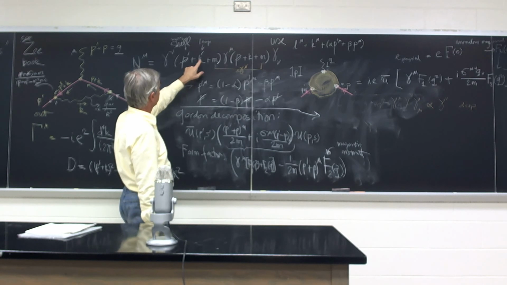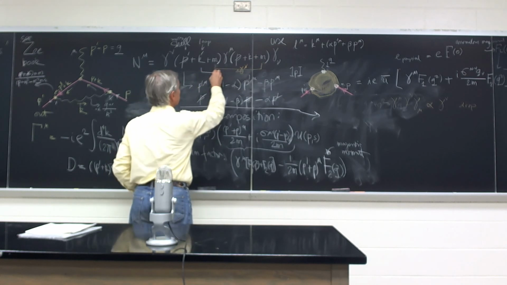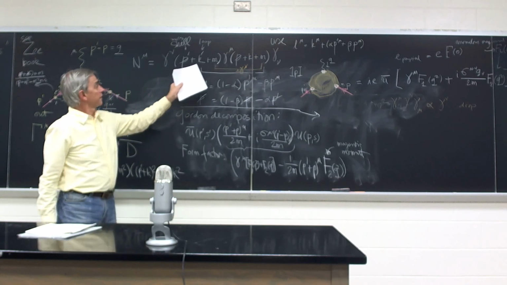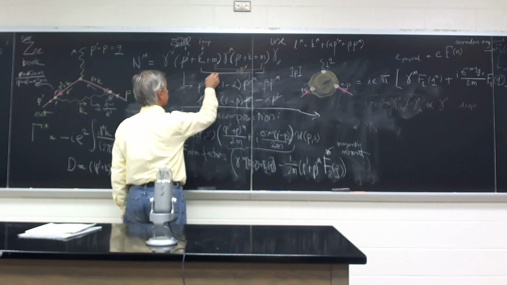If I pick up k from here and m from here, I look at the cross terms of this kind. Then I have an integral which is odd in the powers of k.